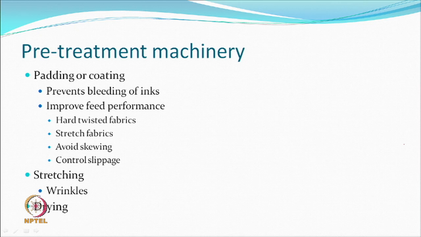So, it becomes a stable structure. And this machinery may also have a drying system. So, you have pretreatment machinery which not only does padding or coating or stretching, but also dries. You cannot take a wet fabric and start printing.